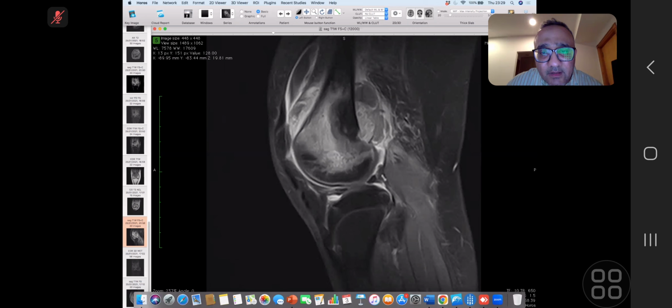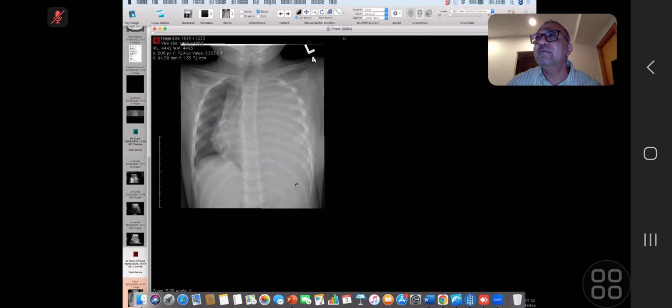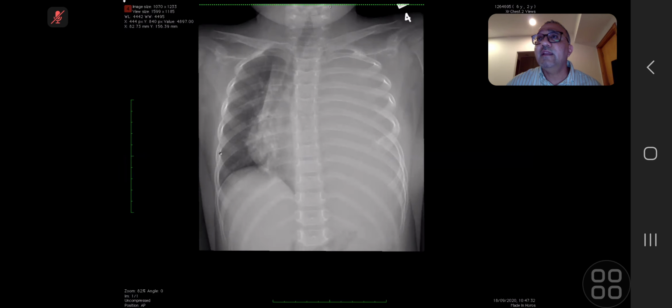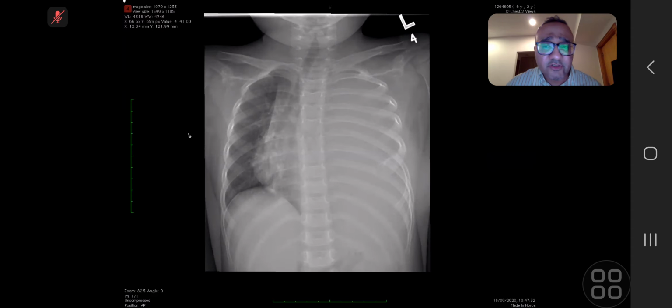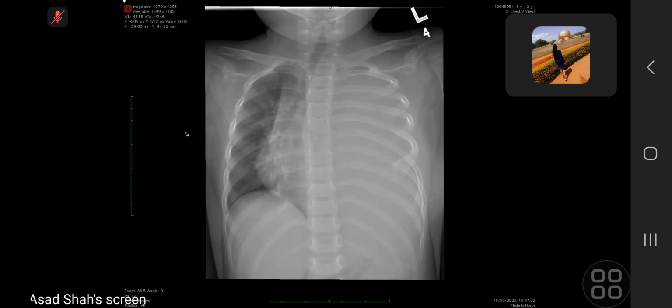Okay, I think this one I'm going to put on. Okay, this is a 2-year-old, and he presented to emergency with shortness of breath. Yes, so I have been provided with a frontal radiograph of chest of a skeletally immature patient.